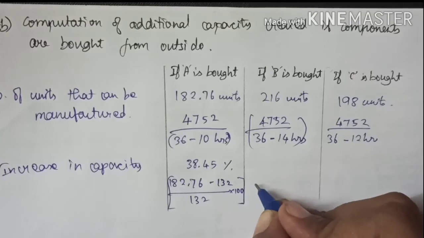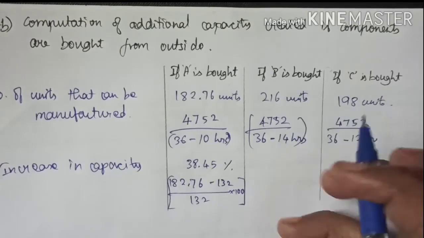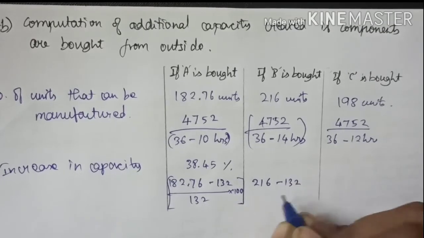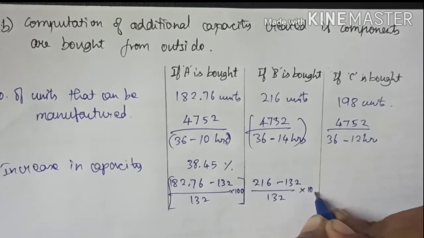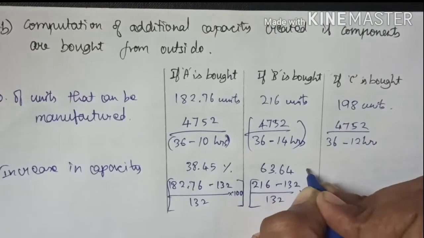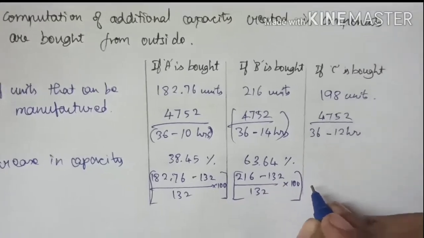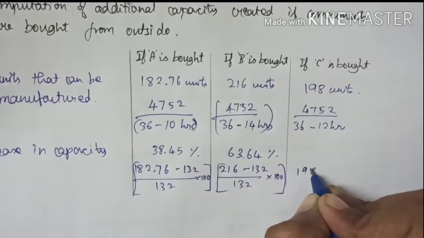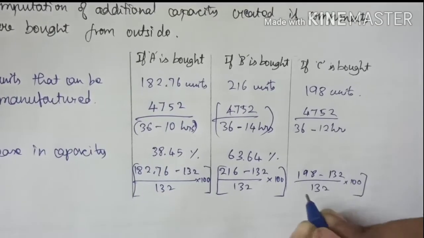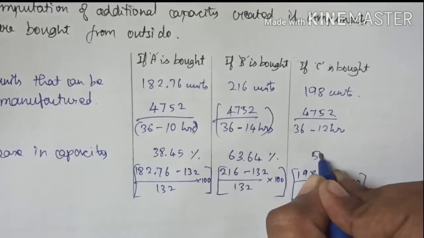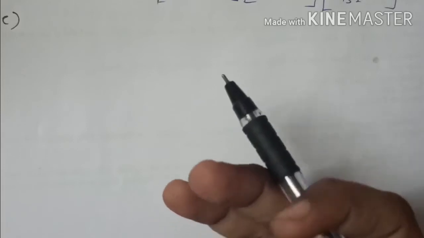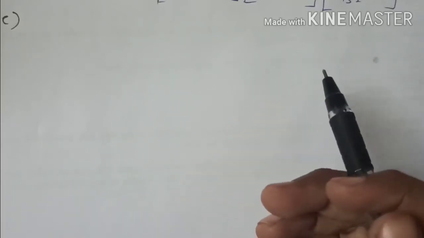Just do the same for B and C. 216 minus 132 divided by 132 into 100 gives 63.64 percent. 198 minus 132 divided by 132 into 100 gives 50 percent.